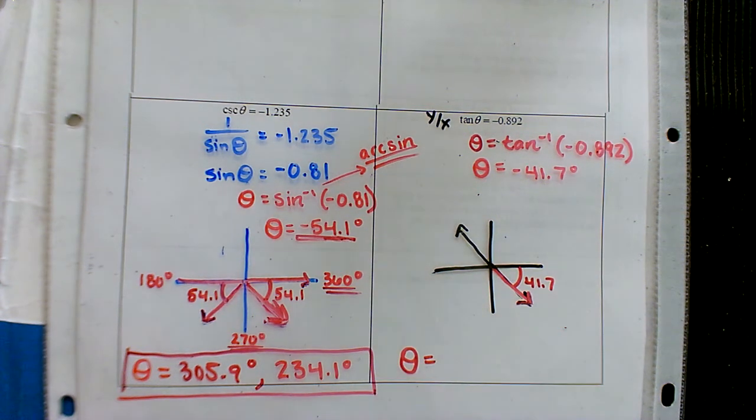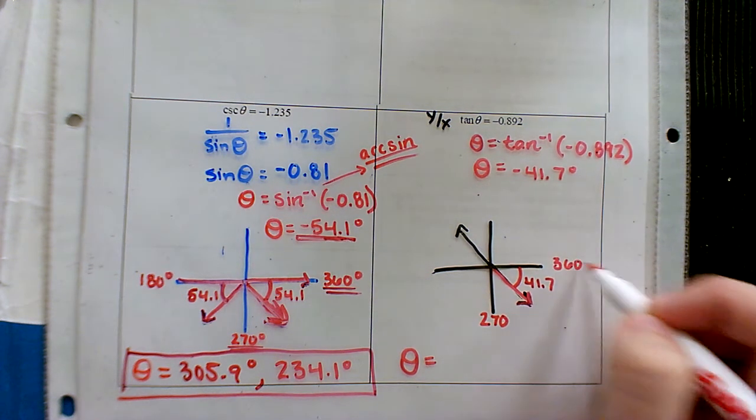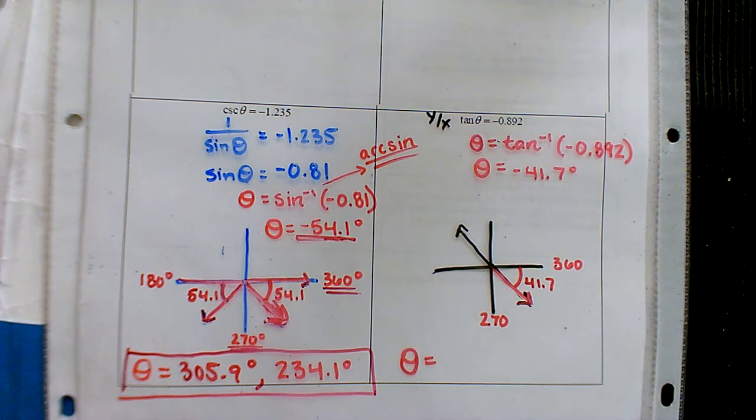That, however, is not the theta answer we need, because if we're in quadrant 4, we need something between 270 and 360. So the calculator is giving you an angle measurement to help you figure out the correct one. It's not necessarily the final theta measure, like it was in previous examples. Go ahead, Maddie.